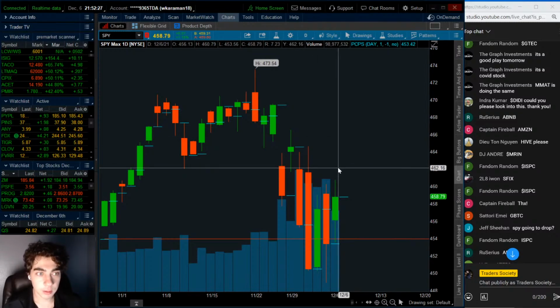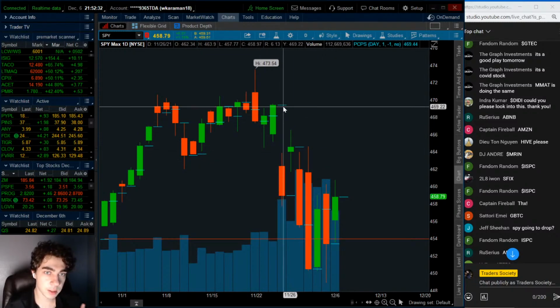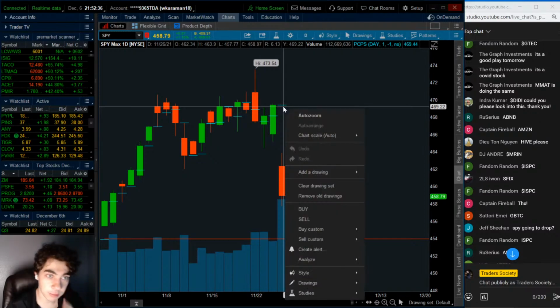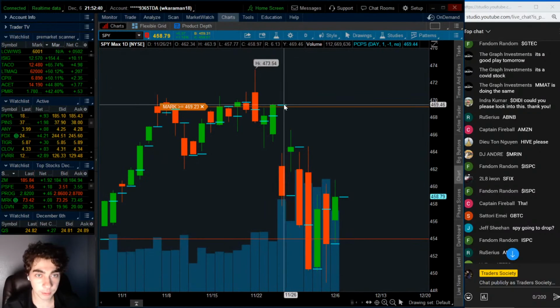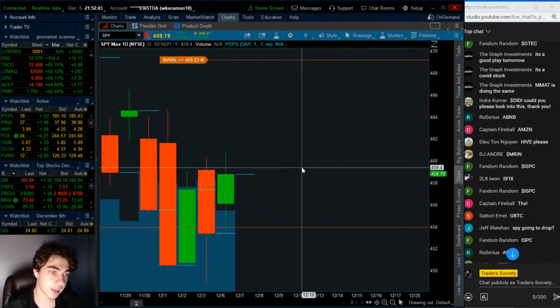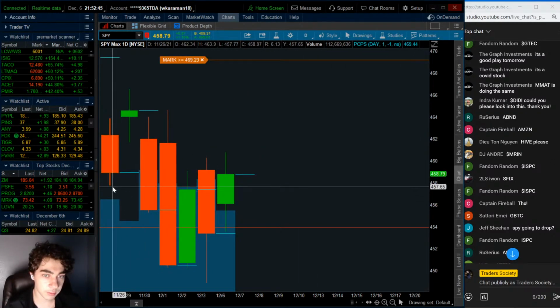With this one, in terms of put options, your best case scenario is it shoots up to 469.50. That would be the best price you can basically get puts at. There's a gap to fill at 469.50.